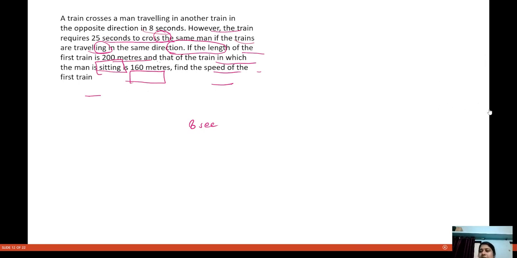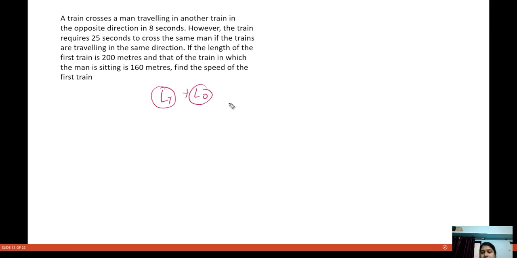See here, two conditions are given: the length of the train and the length of the object. Both are trains and both are moving. The length of the first train is given to be 200 meter. The length of the second train is given to be 160 meter. They are crossing each other in the opposite direction in 8 seconds.